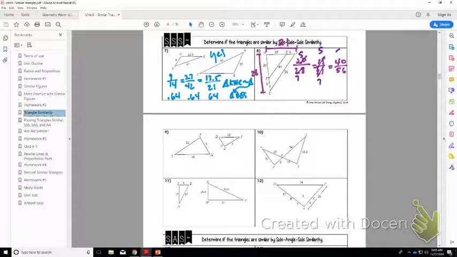How about 8? There you go. So, yes. So, let's go with triangle UWY similar to DWX.